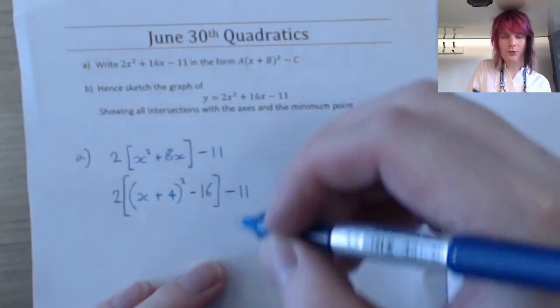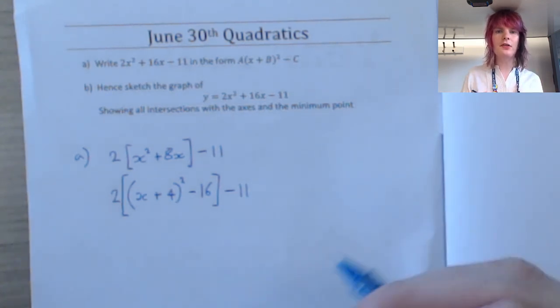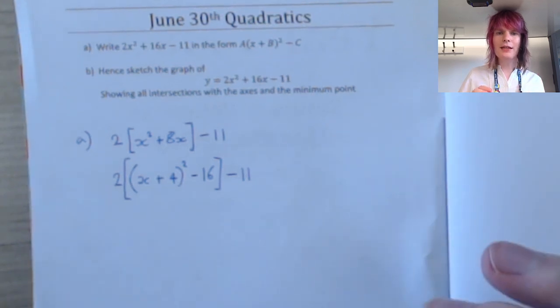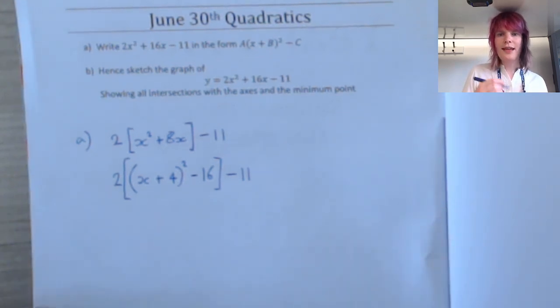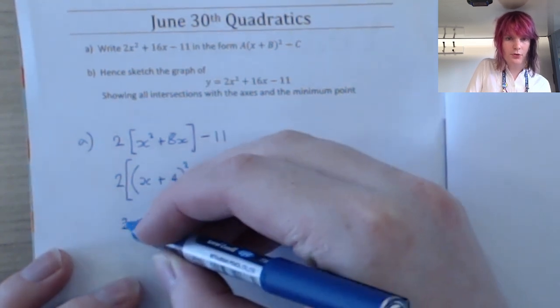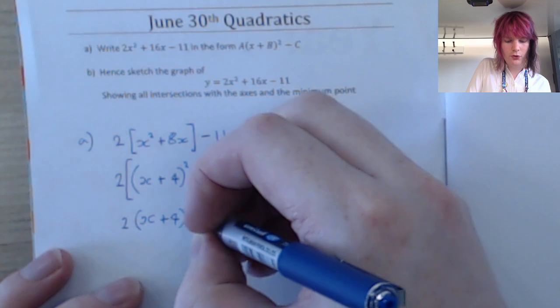Now we're still subtracting 11 from the end of this, so each of these phases is still equal to the last, but we're getting closer. So our next step is to expand this square bracket again. So we get 2 multiplied by (x plus 4) squared.